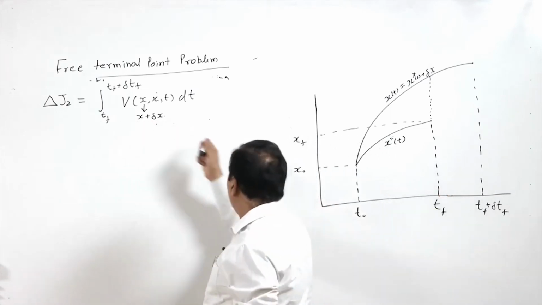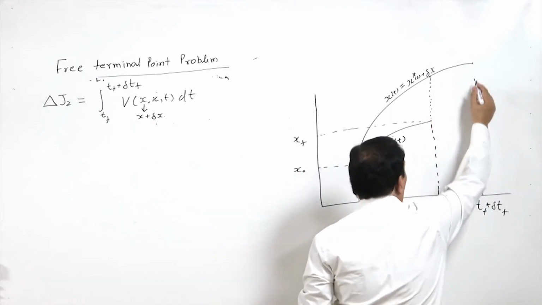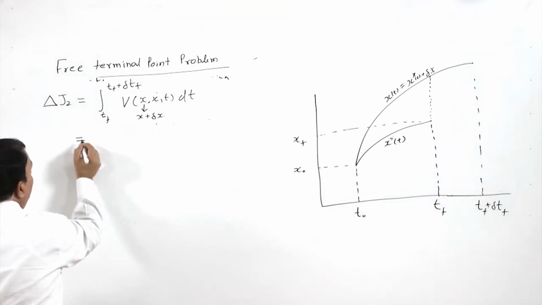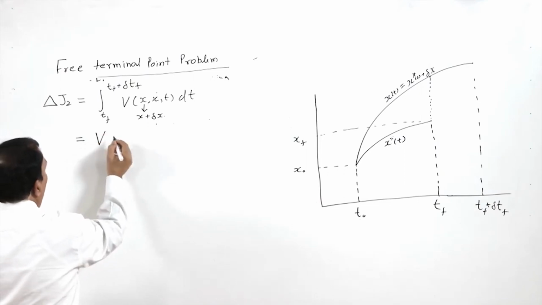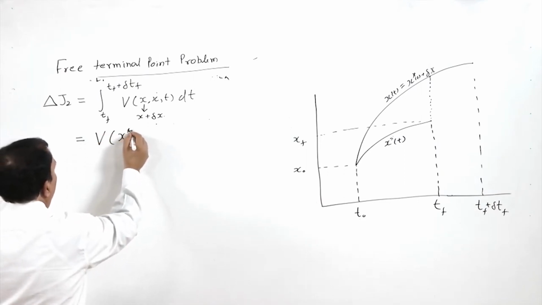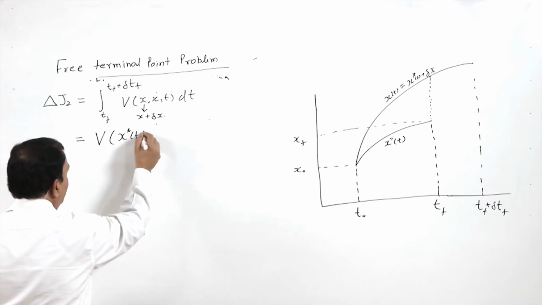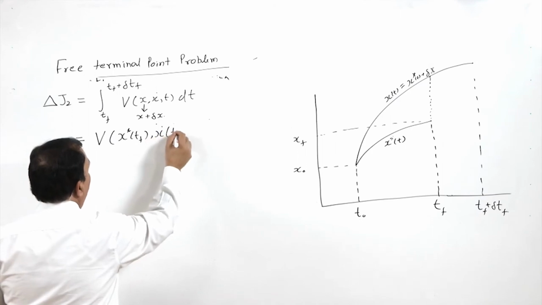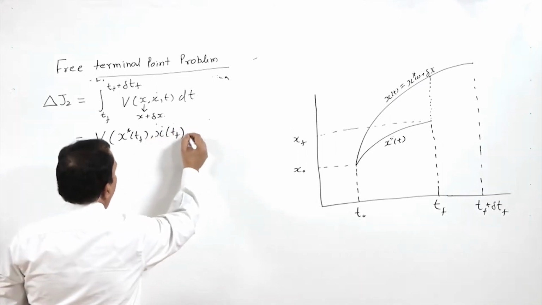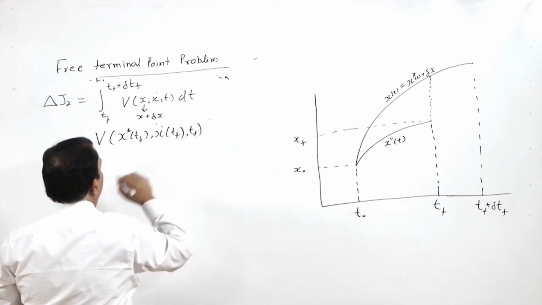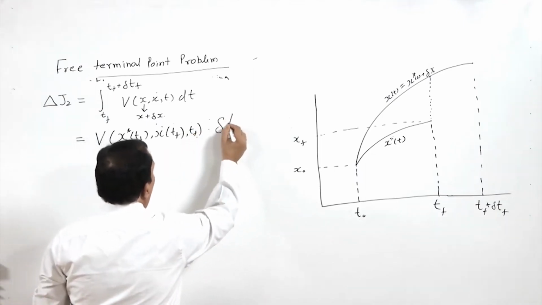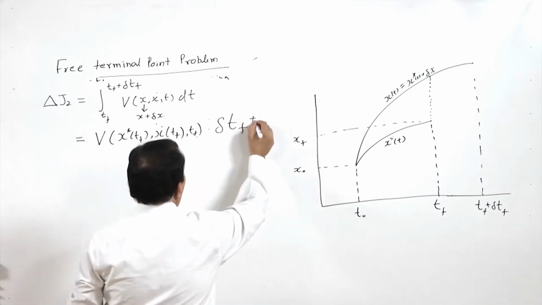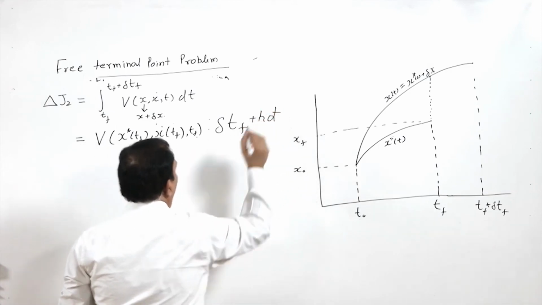So, this integral is nothing but the area under this curve, and the area under this curve can be simply represented as V of x star at the point Tf, x dot of Tf, into delta Tf, plus some higher order terms.